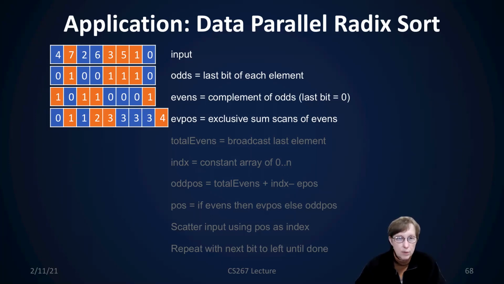We take this evens array and do the sum scan on it, which gives us 1, 1, 2, 3, etc. It's exclusive, so there's a 0 in the front. And because it's exclusive, there is also the sum of all of the elements in it, which is 4, and we're going to just put that off to the right. It comes out of the fact that we're doing an exclusive scan that produces that 4 value as the sum of everything in the array.